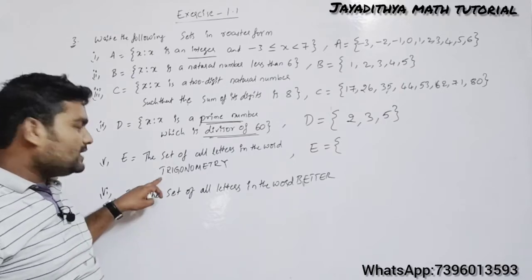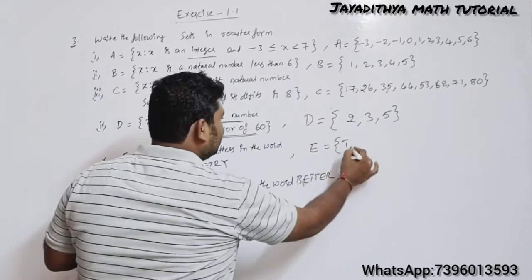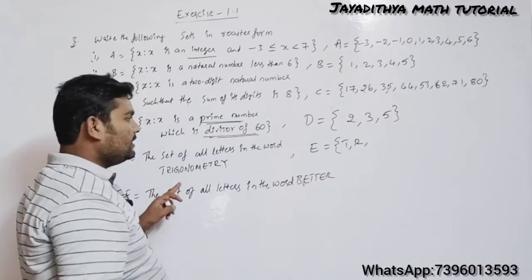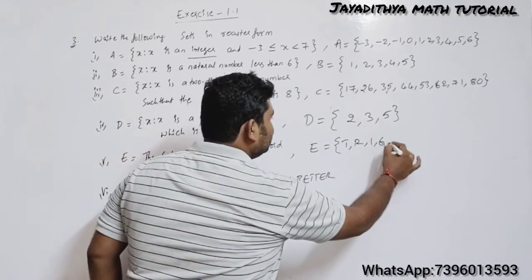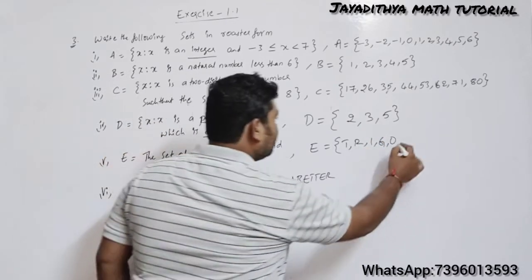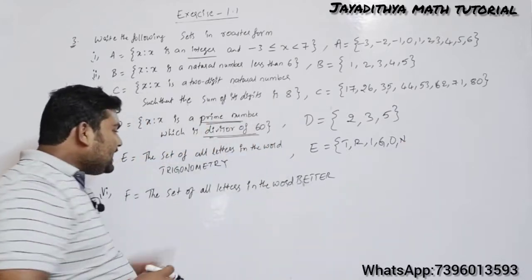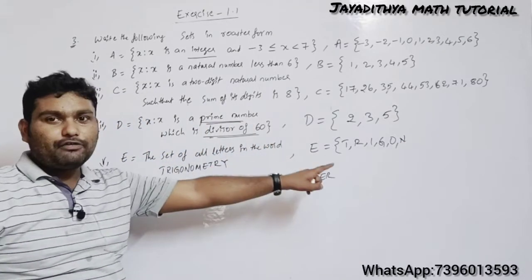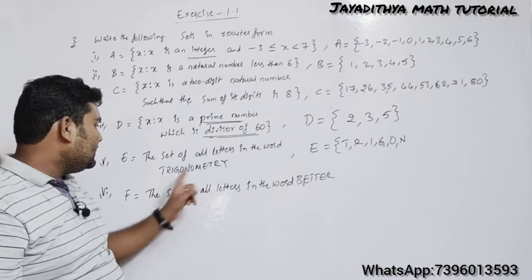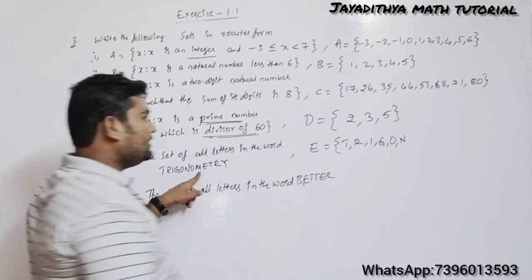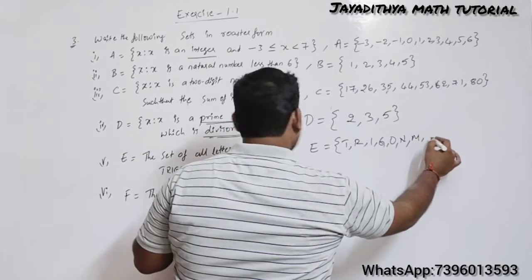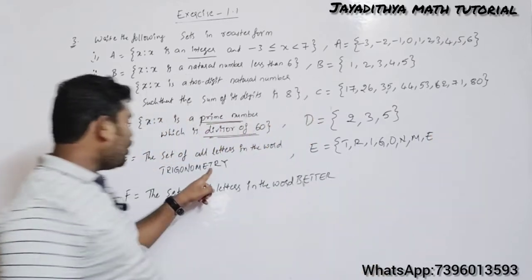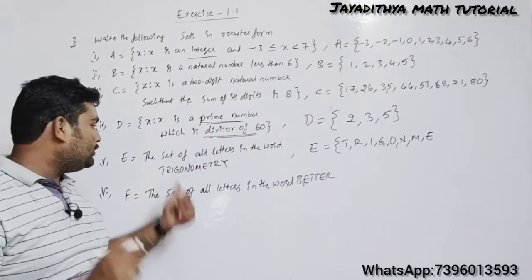That's all. First of all you have T, write T, R, I, G, O, N, and again you have O, but we have already written it once, so you should not write it again. The next one is M, next E, T. T we have already written once, so there is no need to write it again.